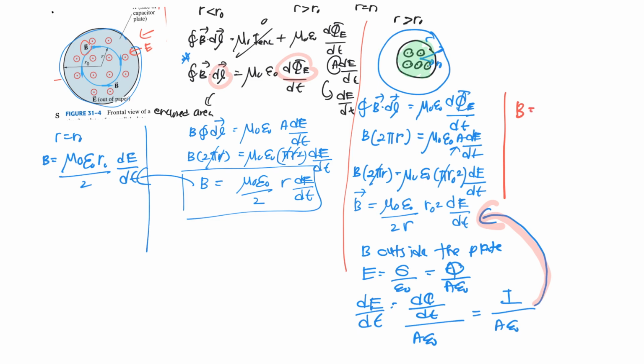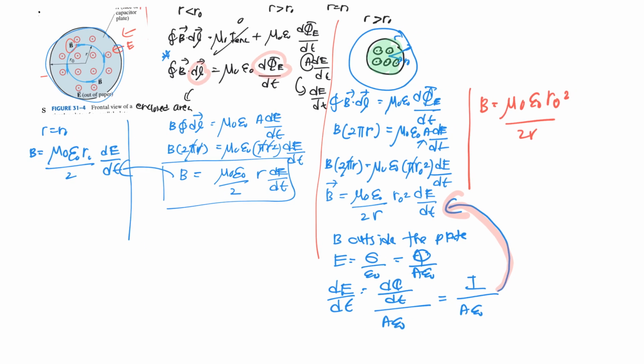You are going to get B equals to mu naught epsilon naught R naught square over 2R, times I over A epsilon naught. Okay, so epsilon naught can be cancelled out.